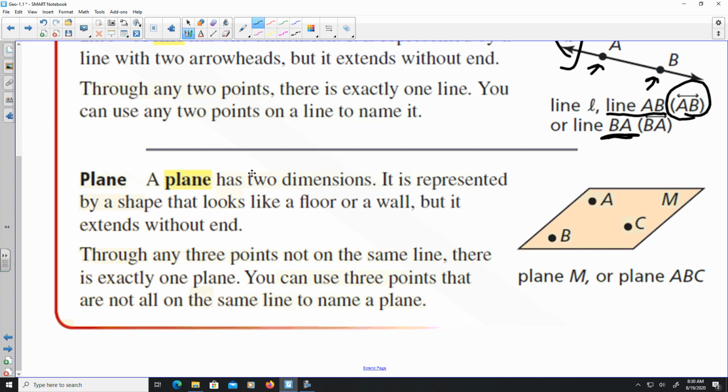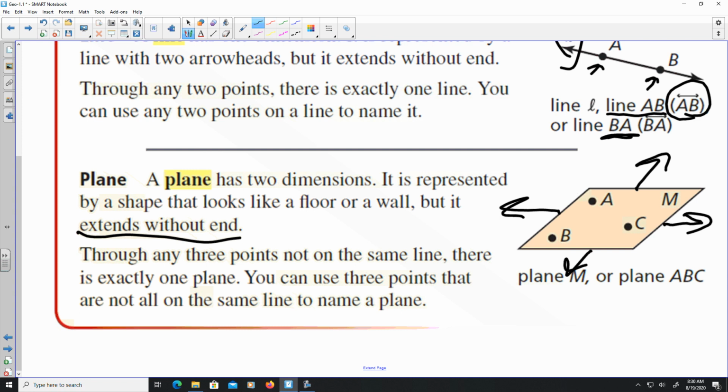And even though it has the shape of a parallelogram, there is no essential stopping point. I think it says in here that it extends without end. So it's going to go on and on in this direction, on and on in this direction, and this direction.